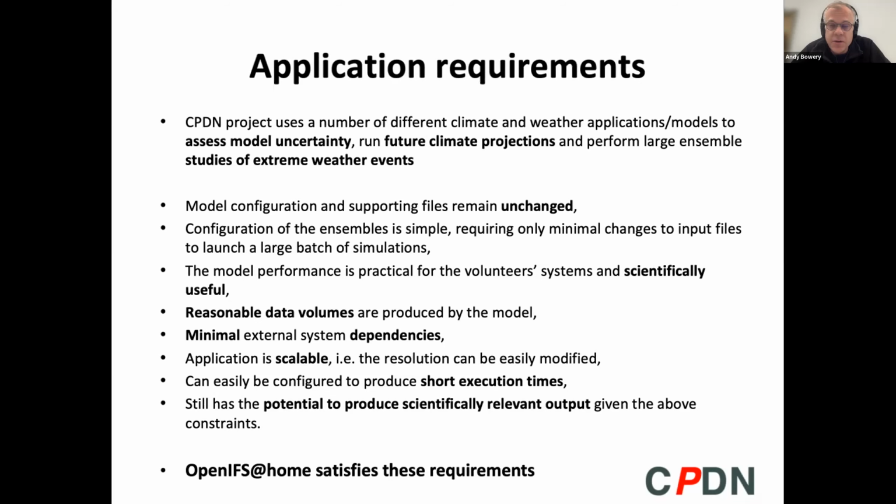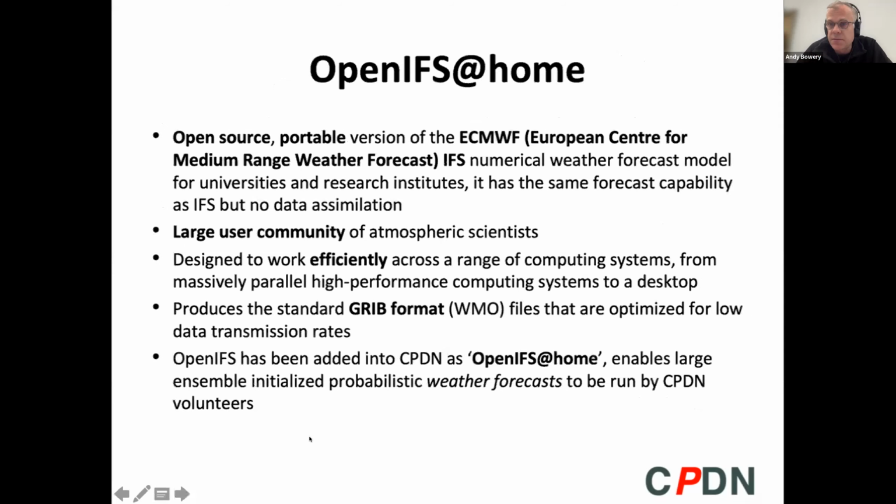OpenIFS at home is a sub-project that has been running for a few years now within CPDN. It uses the OpenIFS code, which has been produced by the European Centre for Medium-Range Weather Forecasts, and which itself is derived from IFS, a numerical weather forecast model.